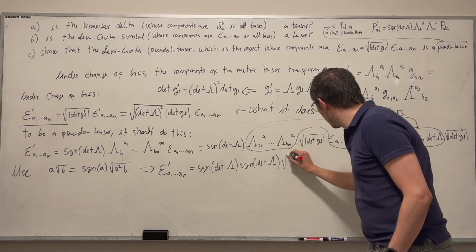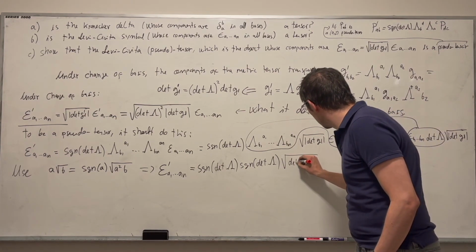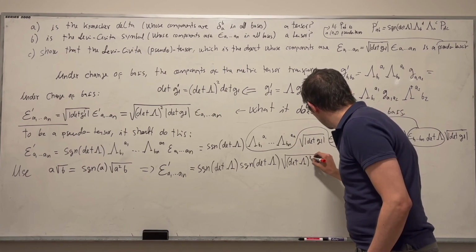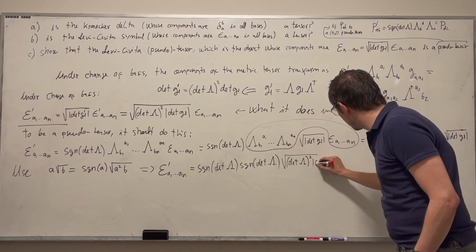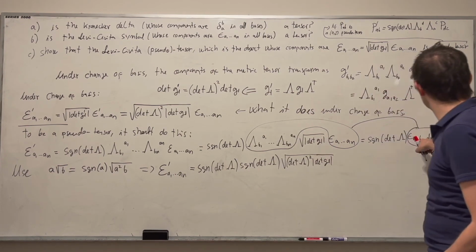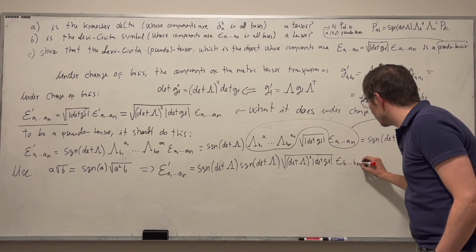With the square root I get the determinant of lambda squared and the determinant of the metric absolute value, and then the fully antisymmetric symbol, b1, bn.